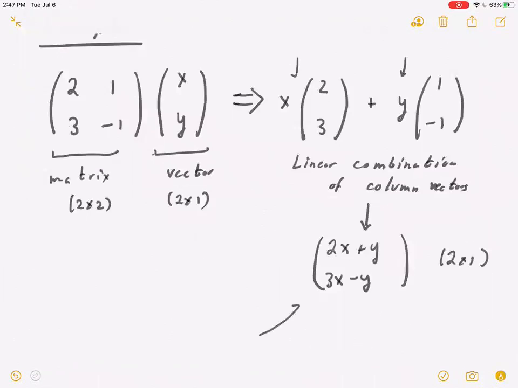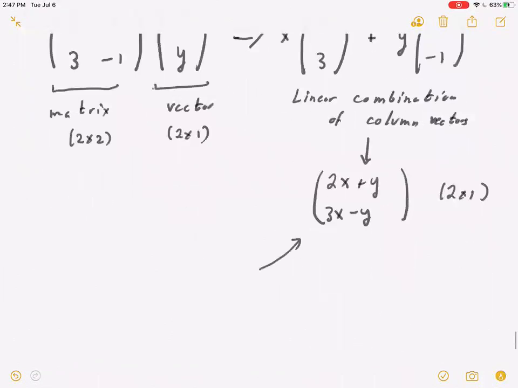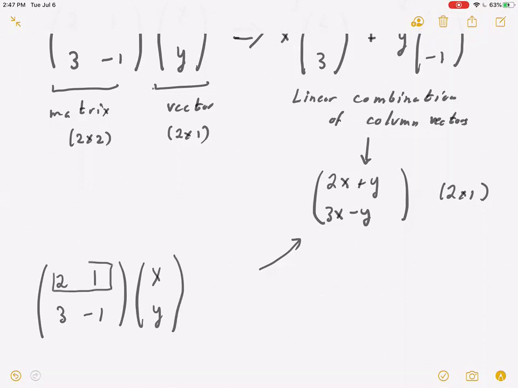The important idea that we've been talking about is that this result that you got by using the idea of linear combinations of column vectors is exactly what you would have gotten using the conventional method, where you wrote down the problem and looked at the first row of matrix 1 and multiplied it by the first column of matrix 2.